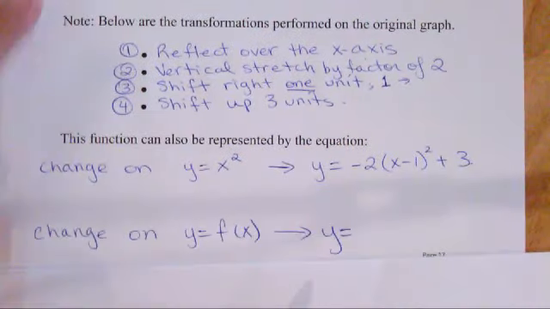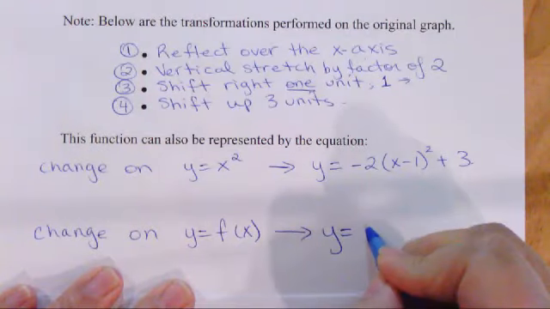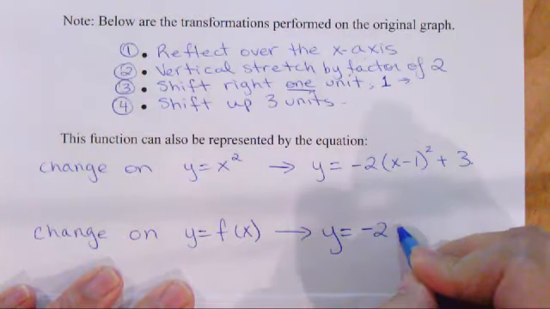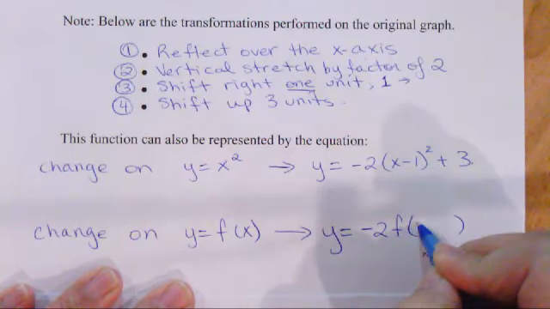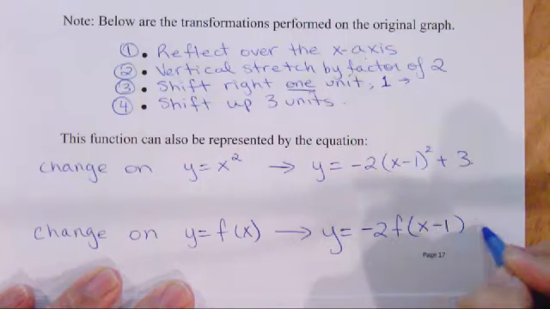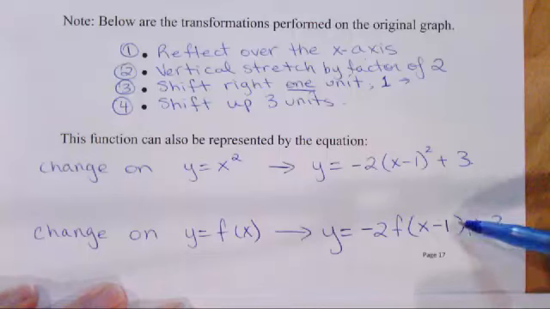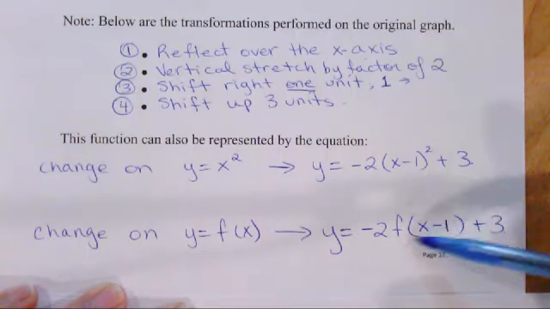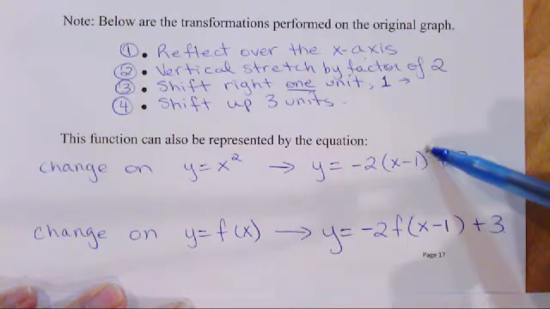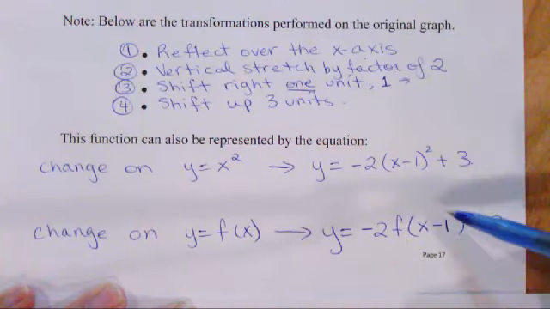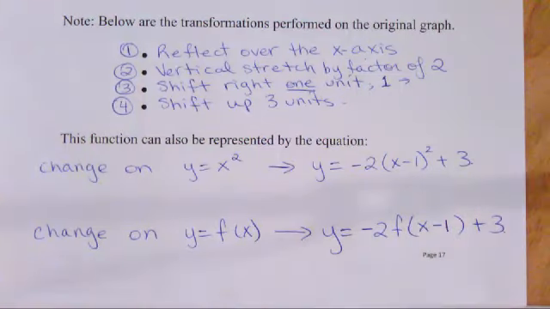Now, just so that you see the difference of what it looks like when the change is made on f of x, we write it like this, with our -2, and then our f, and where we have our of x part, we have x minus 1 and +3. I just want you to notice the subtle differences here. We've got our f of x notation in this one, and our x squared notation in this one. You see here how we have the square, and here we don't, because it's assumed that f of x is x squared.